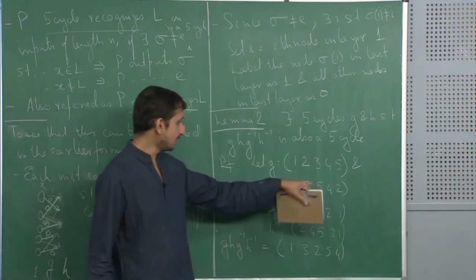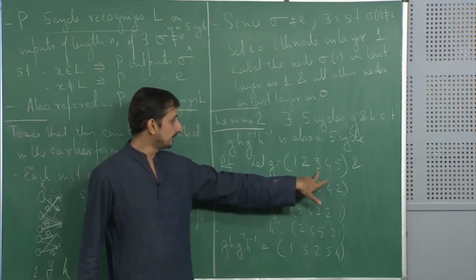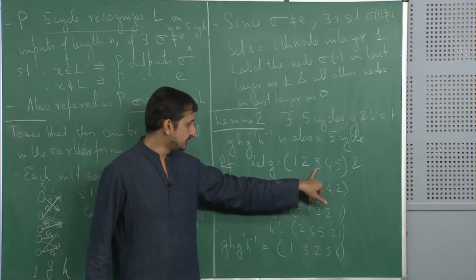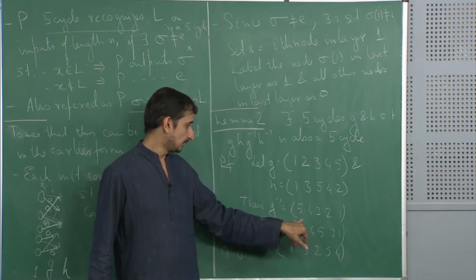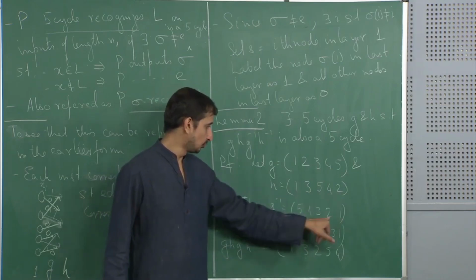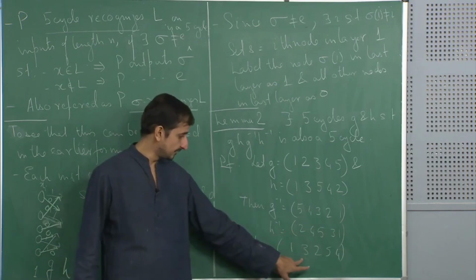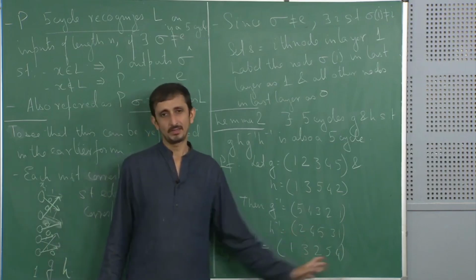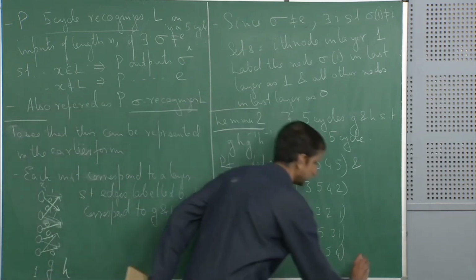We can maybe just check one of the inputs. Let us say I check for 3. In G, 3 goes to 4, in H, 4 goes to 2, then in G inverse, 2 goes to 1, and in H inverse, 1 goes to 2. So, you can check that 3 is going to 2, and the rest can be checked similarly. Okay. So, this is just an observation.